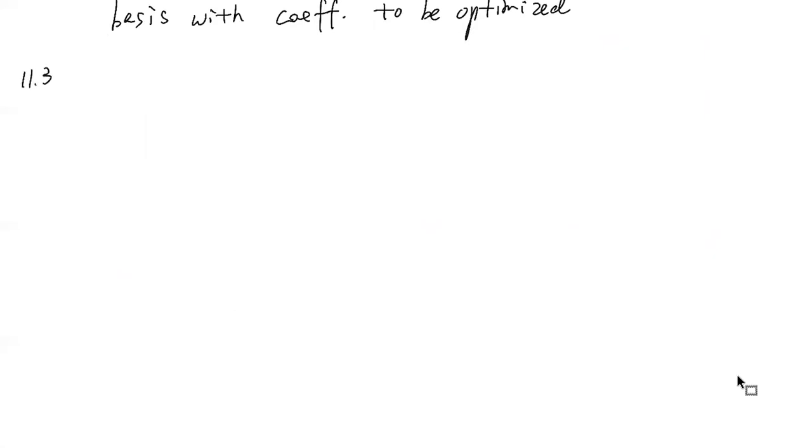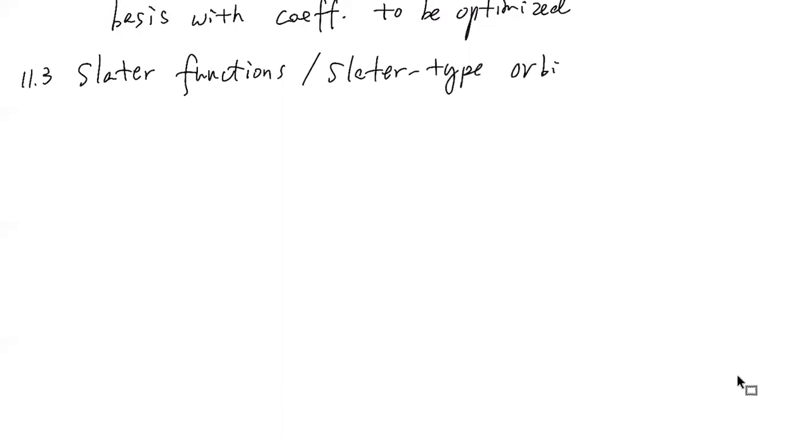The first type of orbitals or mathematical functions I want to introduce is the Slater function, or you can call that Slater type orbitals. It is abbreviated as STOs. They stand for Slater type orbitals.